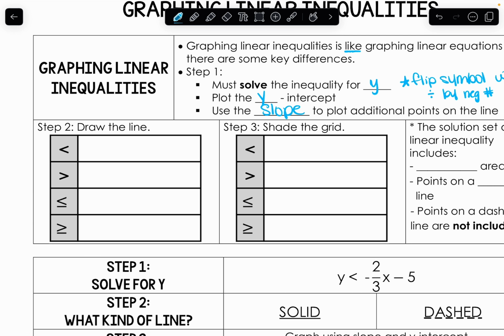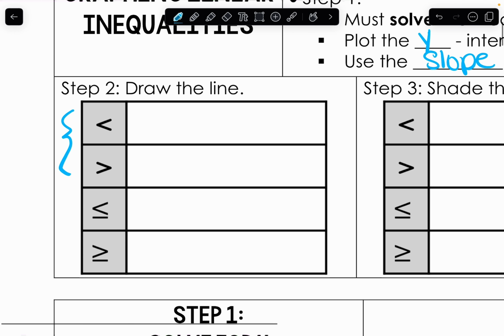Step two, after you graph the line, there are different types of lines that you're going to have to graph. For less than or greater than, when we first looked at it, these are considered what? Open circles, right?